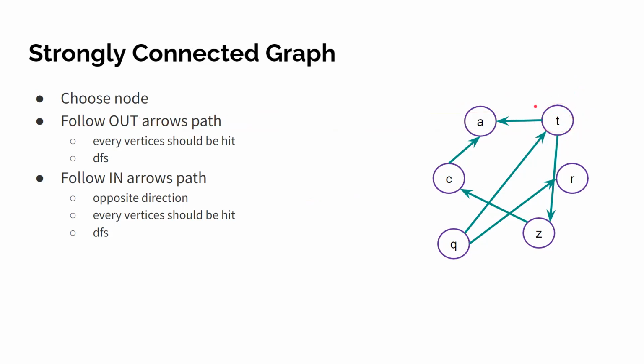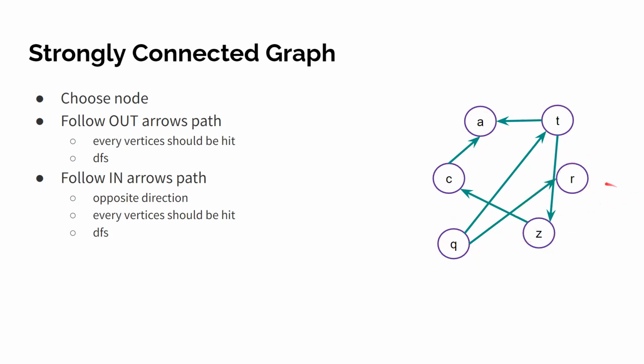Let's choose T, and we're going to follow every out arrow path, just conventionally, and see if we can hit every single one. So we have T, we hit Z, we hit C, we hit A, and then this path is done. We notice we can't get to Q and R, so that's already an indicator that this is not strongly connected.